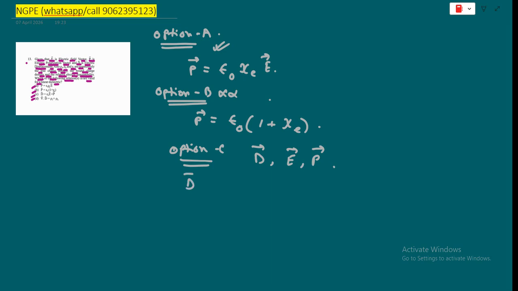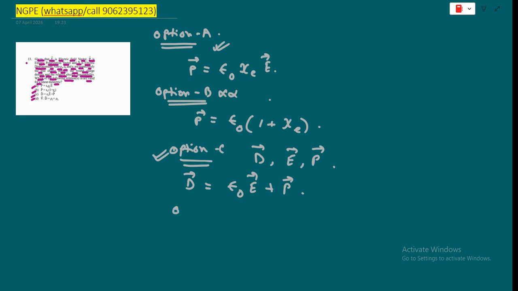So vector D is epsilon naught vector E plus vector P. This is a universal truth. It does not even care if the dielectric is linear or not. It's like saying 1 plus 1 equals 2. So option C is absolutely valid.